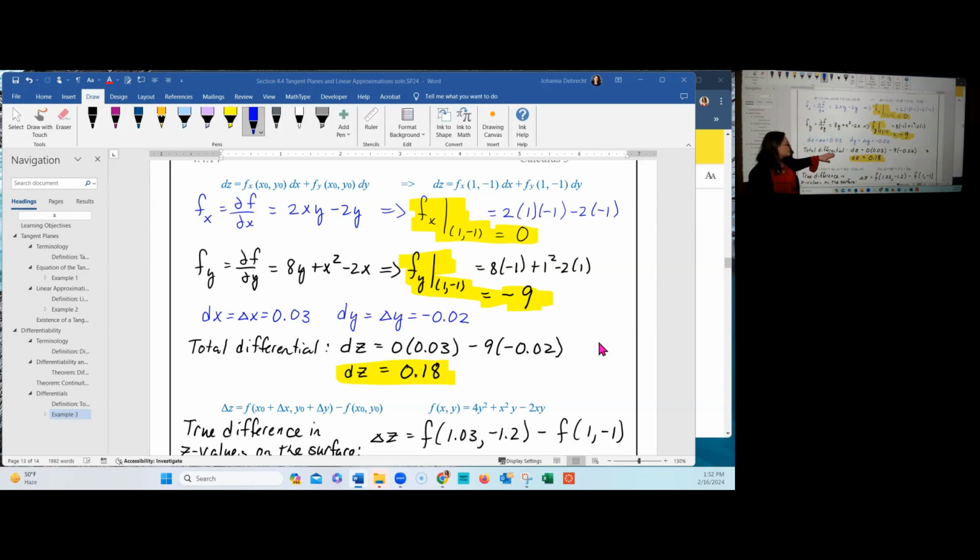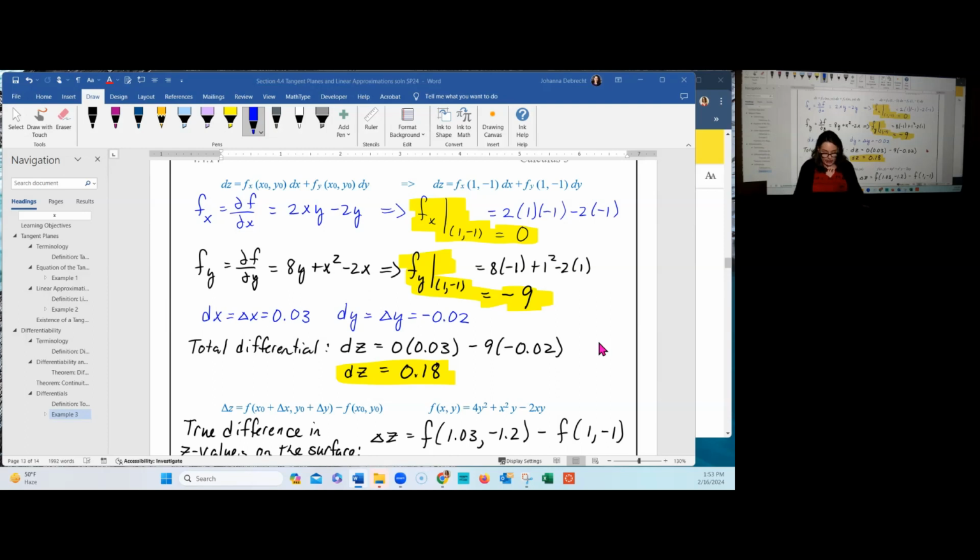We can then find the total differential by multiplying the value of the first partial times the associated differential. This gives us a dz value of 0.18. This is the change on the tangent line approximation between the z values evaluated at 1, -1 and evaluated at 1.03, -1.02.